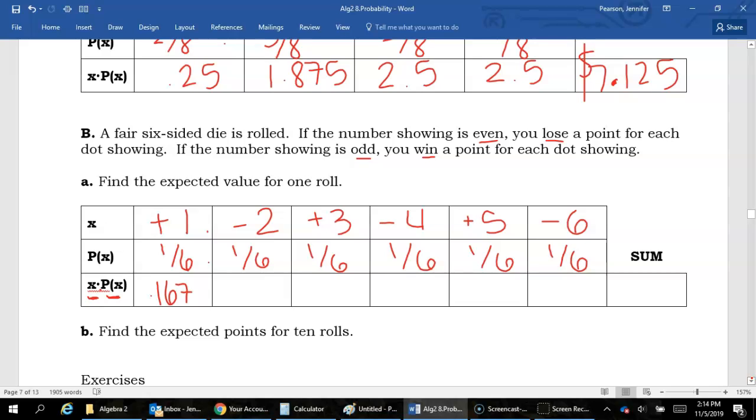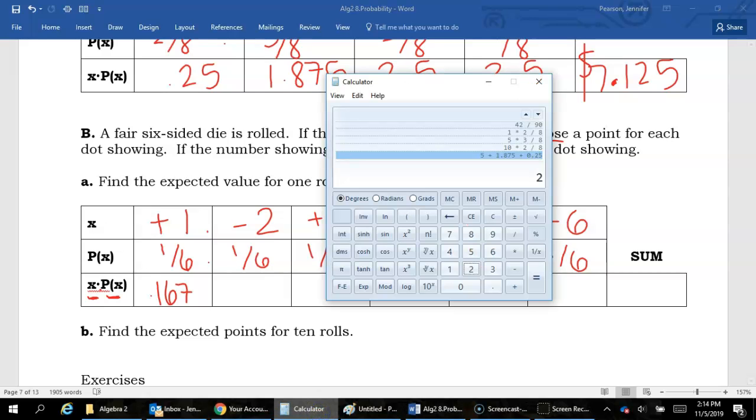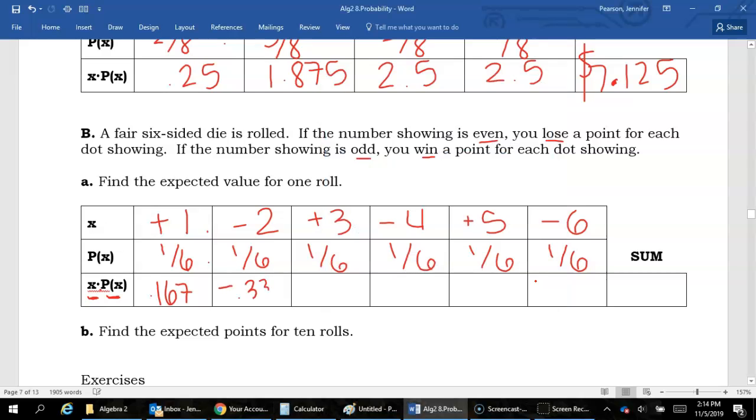They all have common denominators, so it wouldn't be that hard, but I'm going to go decimal. So -2 times 1/6 is -0.333. I'm going to keep 3 decimals since I had 3 on the first one. A +3 times 1 divided by 6, that's 0.5.